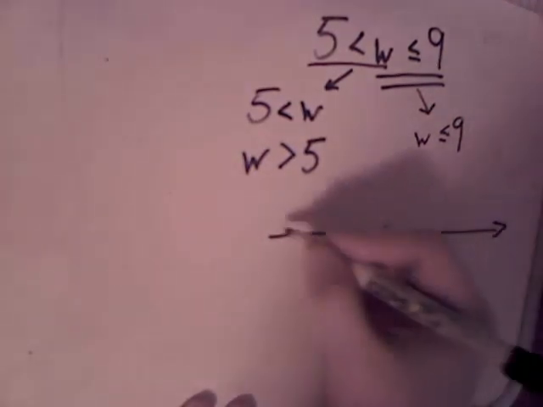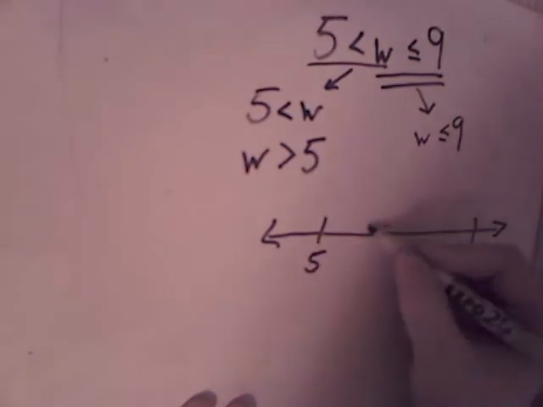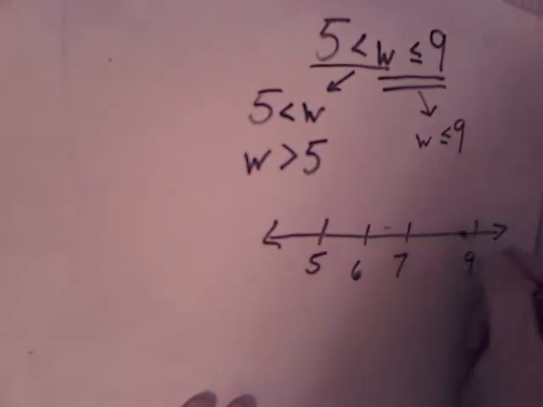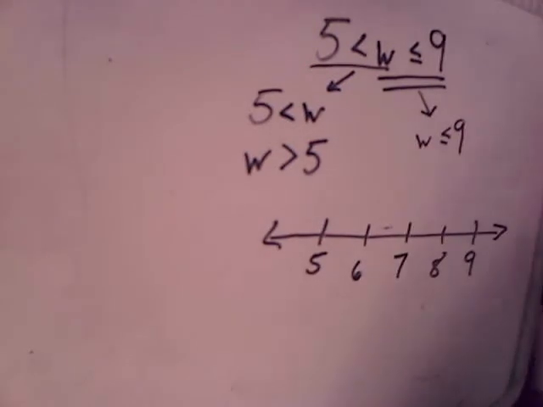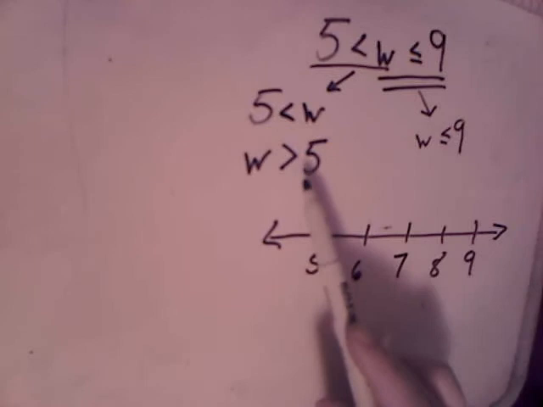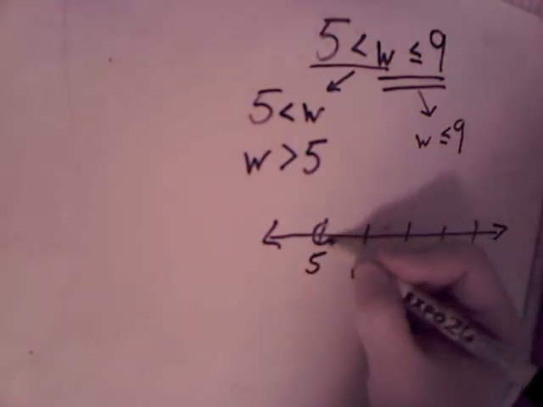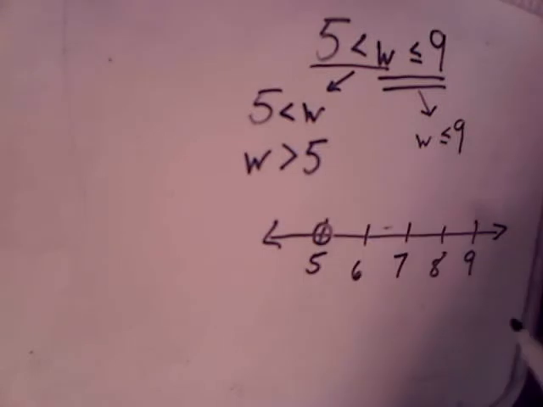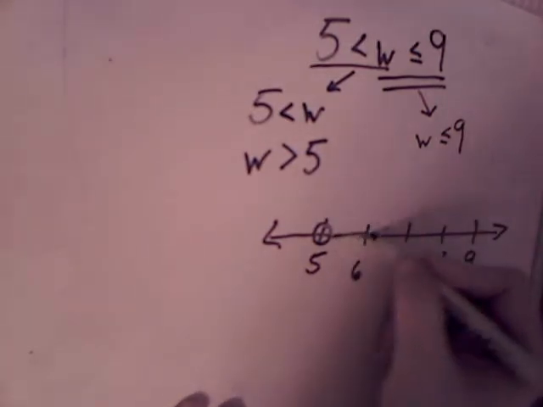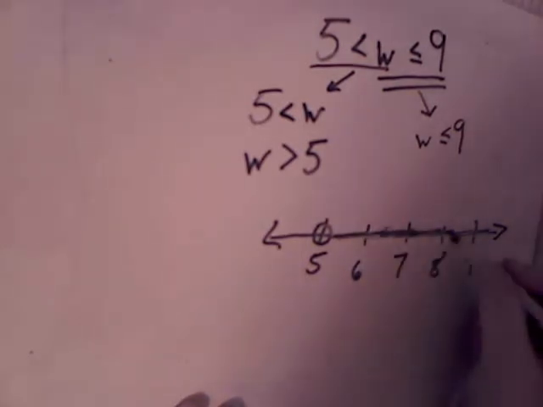So I know for a fact I'm going to need 5 and 9. 5, 6, 7, 8, and 9. Now, if w is greater than 5, that means 5 is my focus number, but w isn't 5. So what I have to do is shade everywhere above 5.